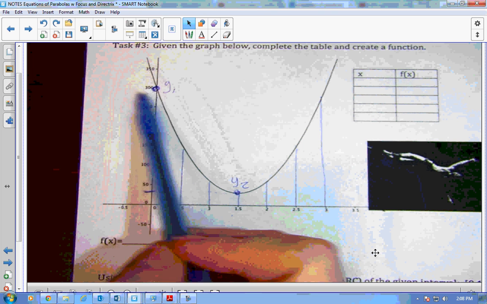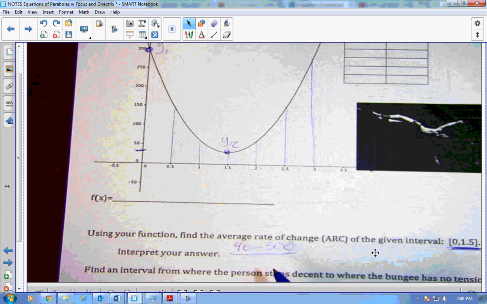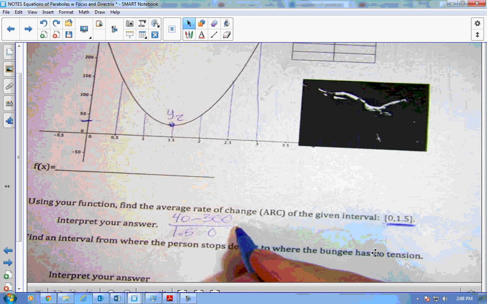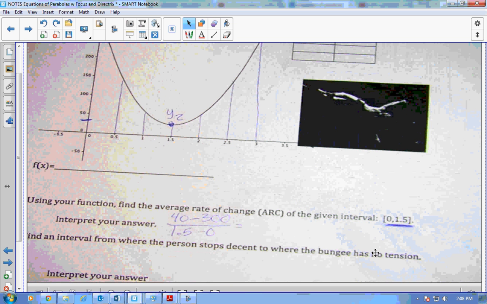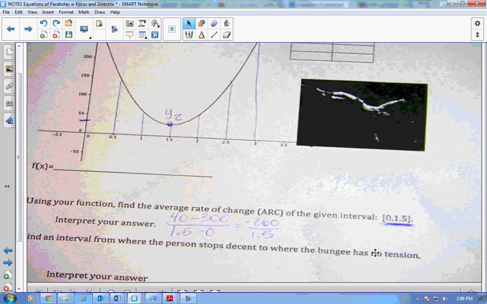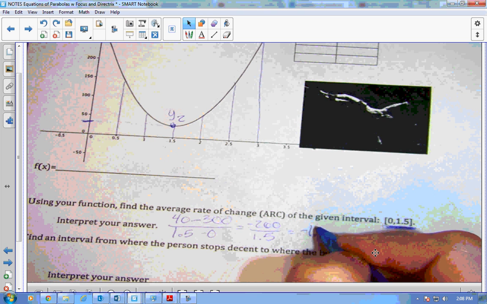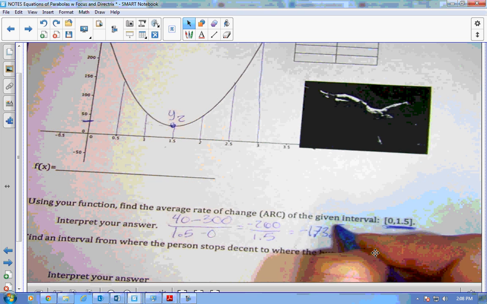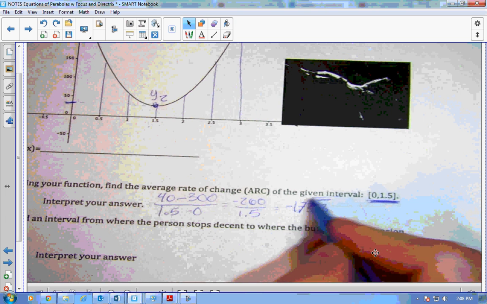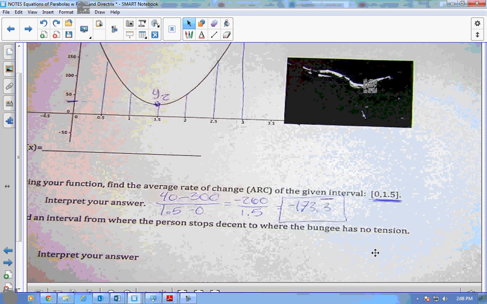There's a number written right there. 300 over, your x is in the same order. 1.5 minus 0. 40 minus 300 is negative 260 divided by 1.5 is negative 173.3 repeating. That's the average rate of change. We don't have units. If this was speed, can the speed be negative? No, speed is always the absolute value.